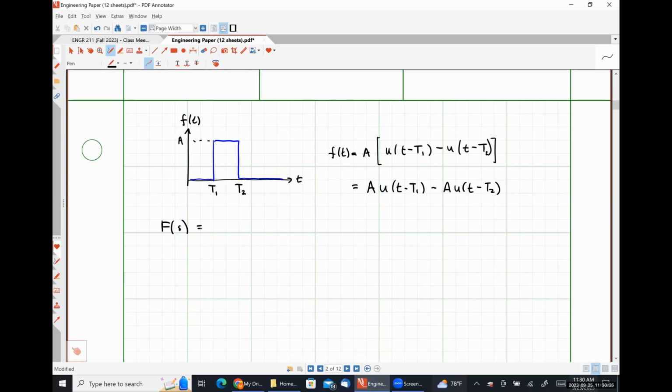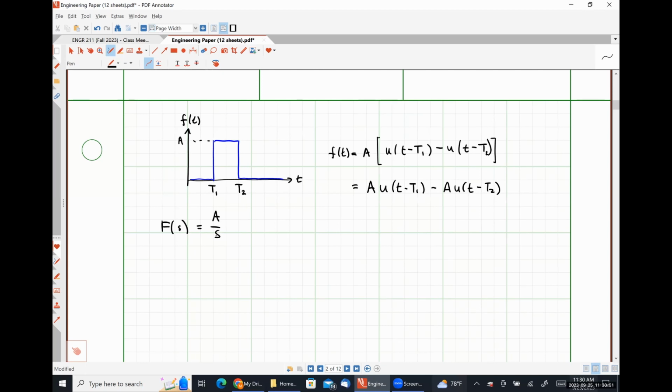Because if I have two distinct functions, I can break up my integral to just integrate each function, right? But I don't even need to do the integral at this point because of the previous example. A over s. So that would be for a unit step function, except that its amplitude was a.